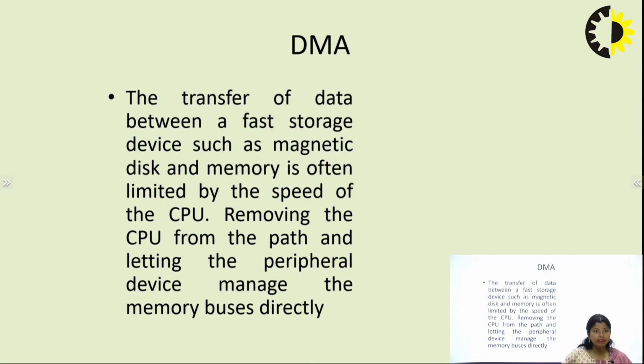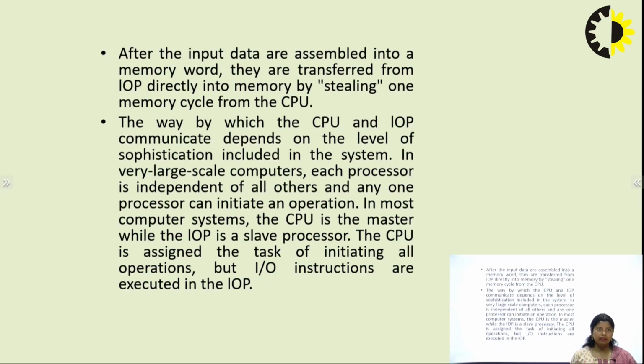The transfer of data between a fast storage device such as a magnetic disk and memory is often limited by the speed of the CPU. So, removing the CPU from the path and letting the peripheral devices transfer directly to the memory is provided by the DMA.